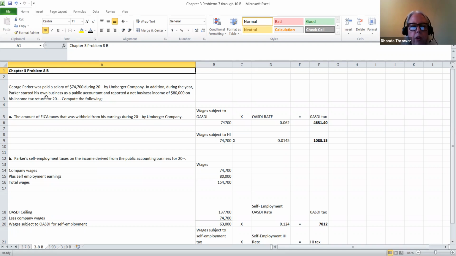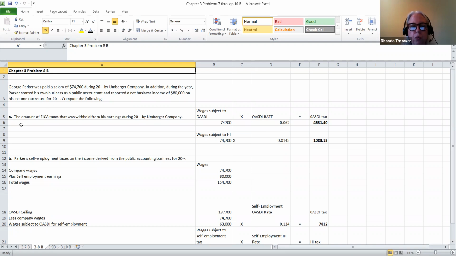But because he also on the side started his own business, his business income is subject to what we call self-employment tax. When you're self-employed, you're both the employer and the employee, so your OASDI taxes are double the 6.2% rate. The HI taxes for self-employed are double the HI rate.